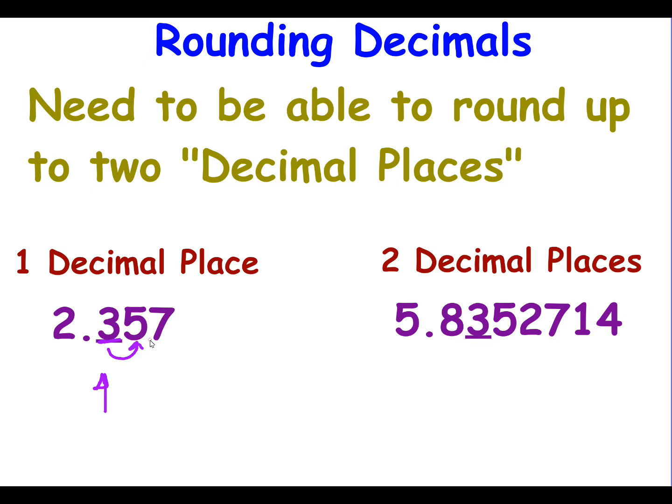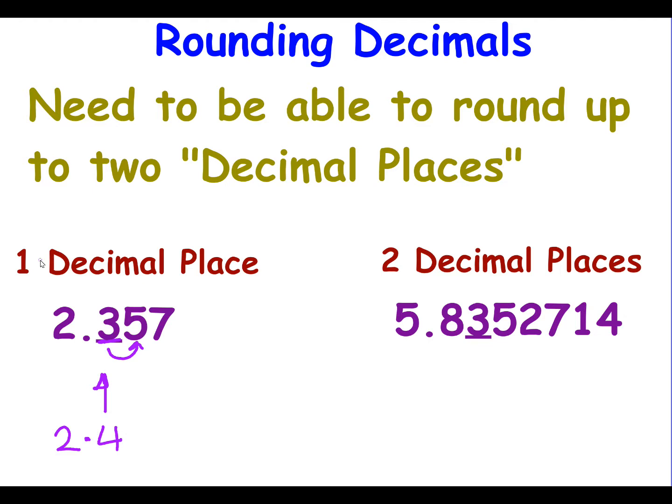Look at the next number along and decide whether to stick or twist. In this case, because it's a 5, we're going to round it up. So it becomes 2.4. Everything else after it, as far as decimals concerned, can be just cut off. You could put zeros in, but they don't mean anything. So 2.4 is 2.357 rounded to 1 decimal place.